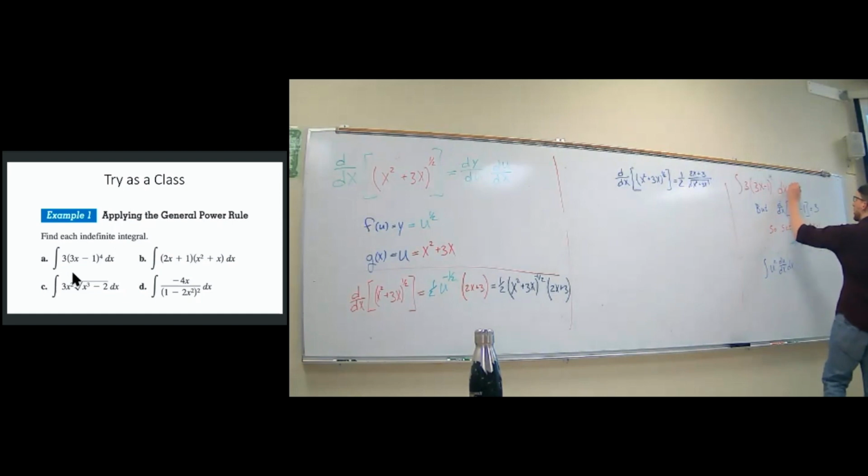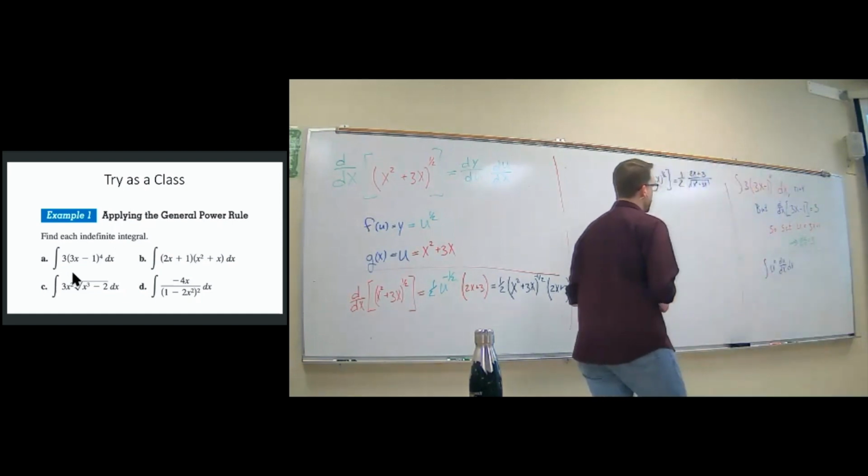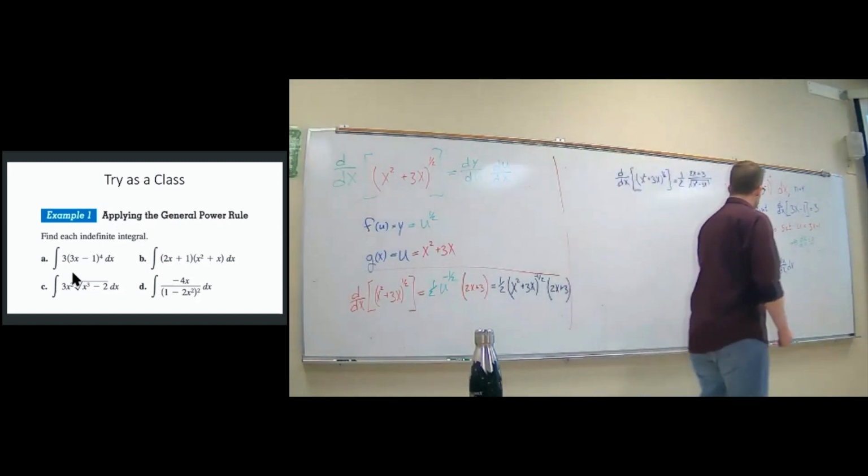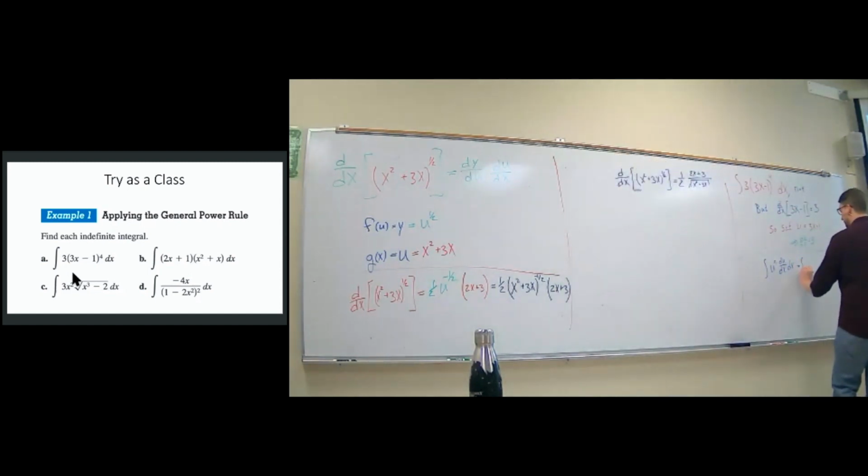And here, just notice that n is equal to 4, right? That's what we're doing. But this is equal to the integral of u to the n integrated with respect to u.